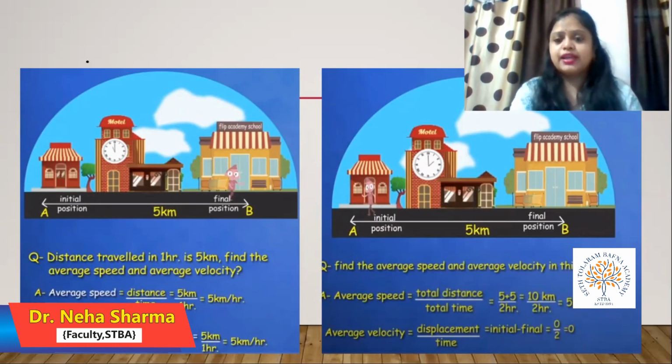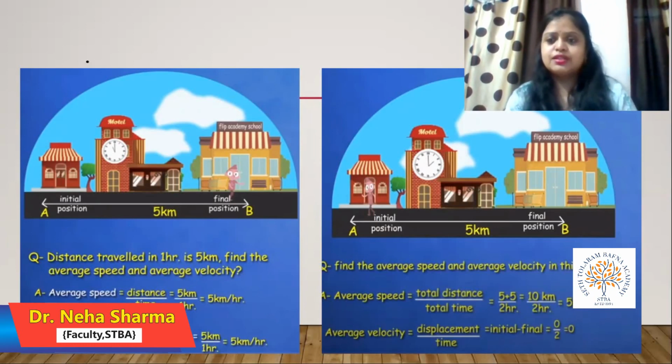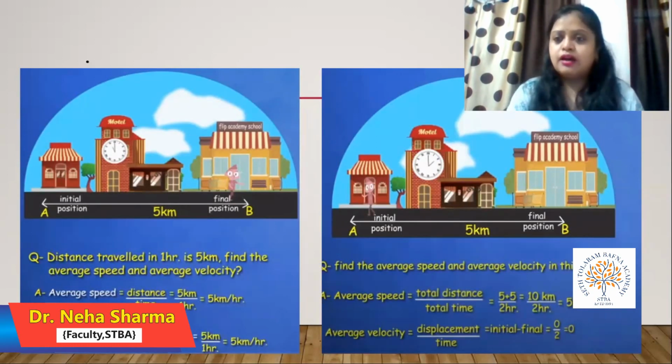Now the second case, the picture on the right side of the PPT. Suppose the boy, after school hours, moves back to his home. We have to identify the average speed and average velocity. The total distance covered is 5 plus 5, that is 10 kilometers, and the total time is 1 plus 1, that is 2 hours.